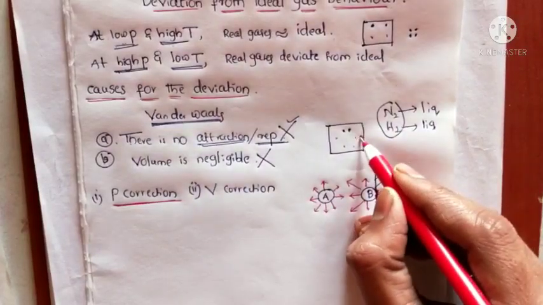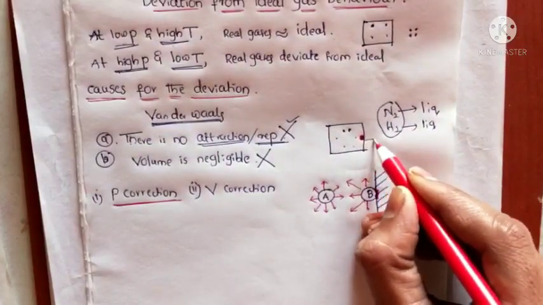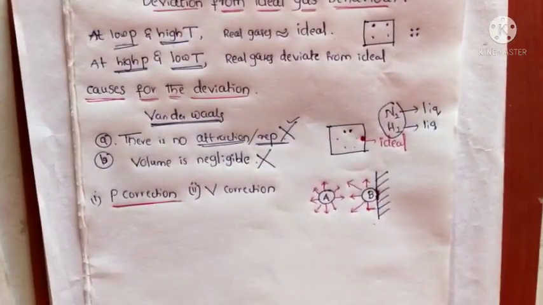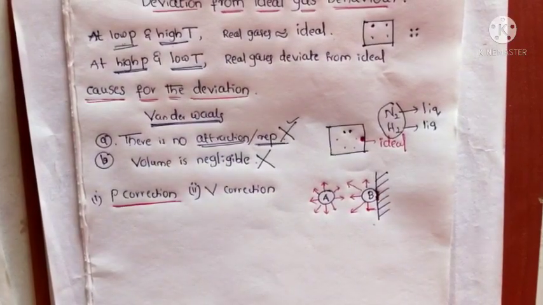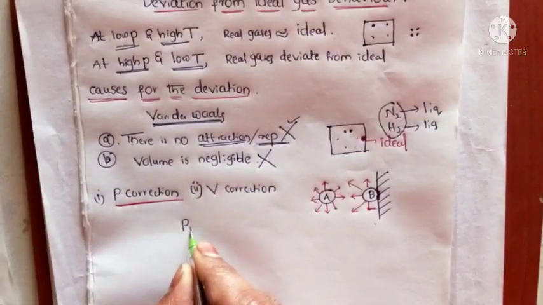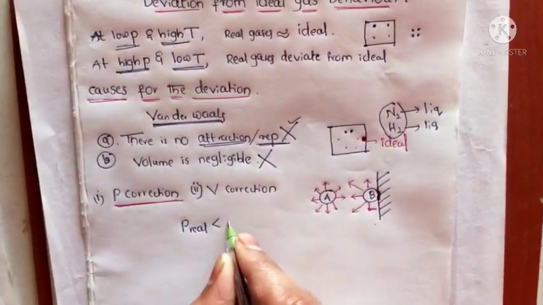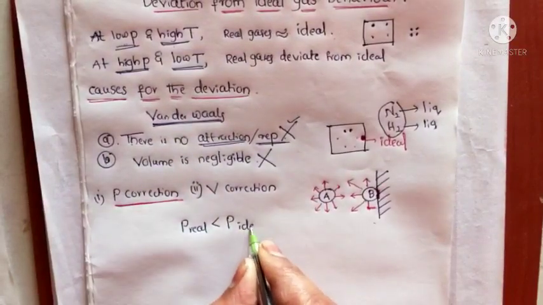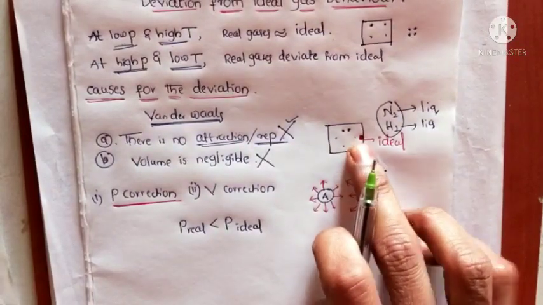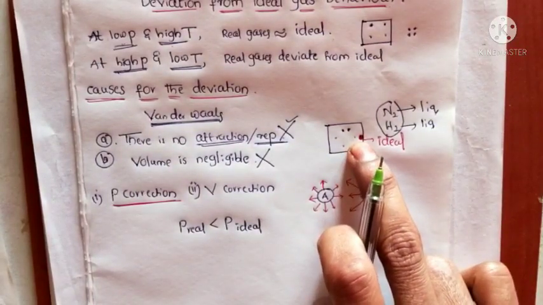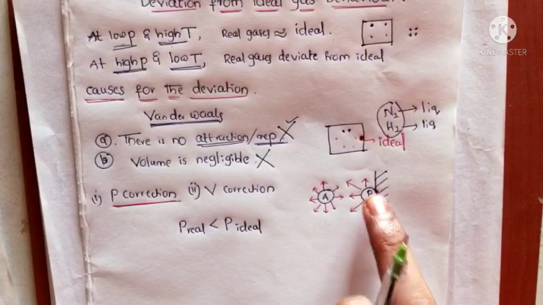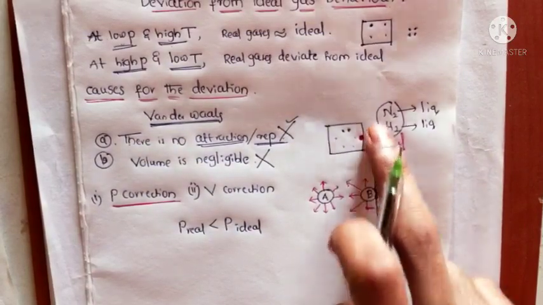So this is the ideal gas behavior, and this is the real gas behavior. The pressure exerted by the real gas is very less compared to the pressure exerted by the ideal gas. In an ideal gas, molecules are far away, so they exert pressure strongly. But when molecules come close to each other, the B molecule exerts much less pressure than in ideal gases.